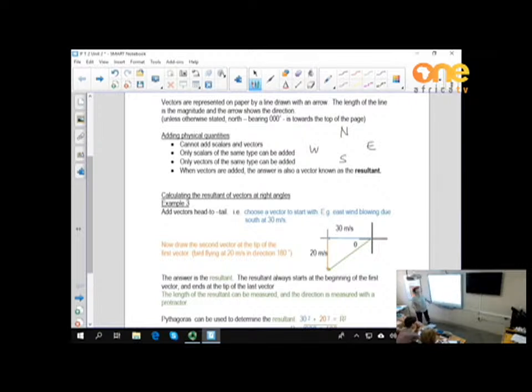So if I have to draw this green vector, I will draw my axis, north, south, west, east, measure the angle, and then draw a line. The size of the line represents the size of the vector, and we need to indicate the value of the angle.